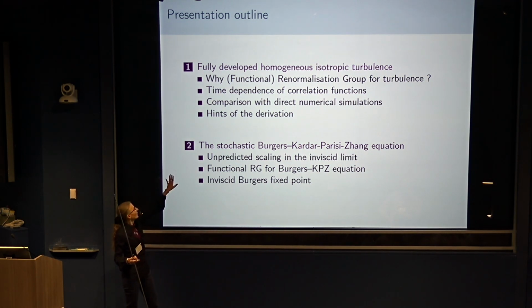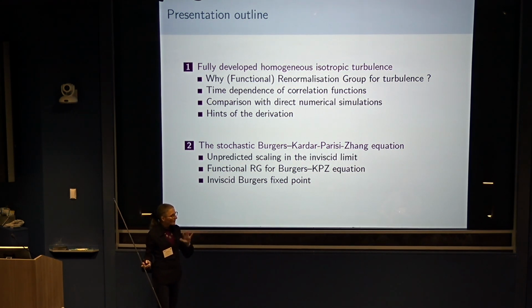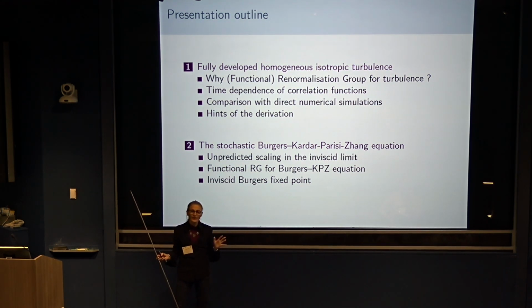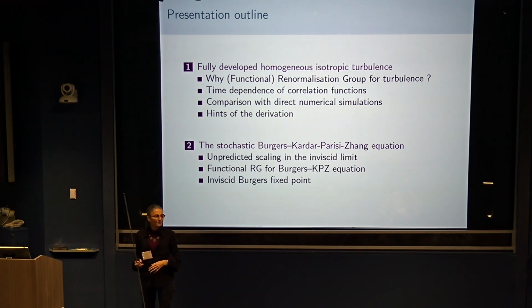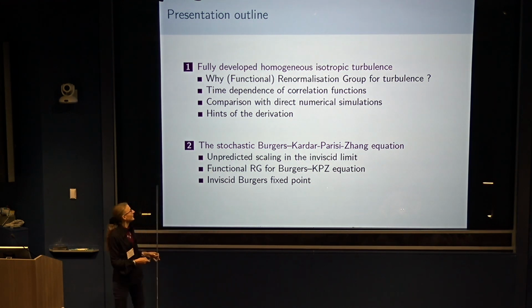The last bit will be the technical part, where I will try to explain how we obtain these results. But I've kept it really schematic because I guess most of you are not familiar with RG. So it's really just to give you a flavor of the main idea of what the derivation relies on. Then the second part will be about stochastic Burgers or Kardar-Parisi-Zhang equations, and it will be about a new scaling regime that we were able to explain.